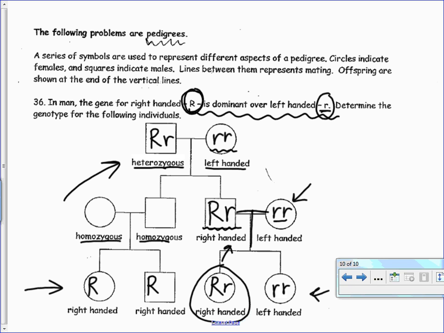Well, there are, because once again, this mother, she had two sons, and she only has recessive alleles to give. So this son definitely got a recessive allele from his mother. Now, because it says he's homozygous, he must have two recessive alleles. Okay, well, that solves the mystery then.